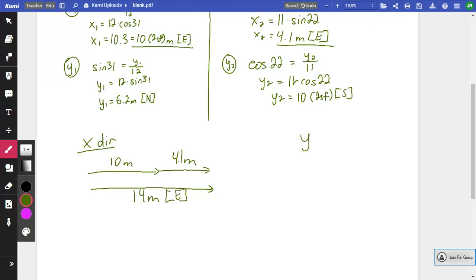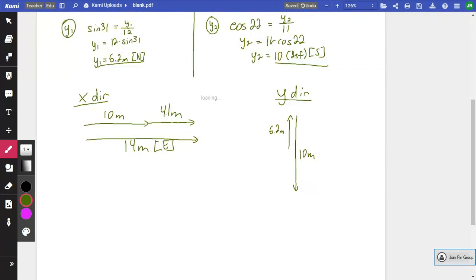Let's do our y direction. Y direction would be, we went 6.2 meters north, and then 10 meters south.